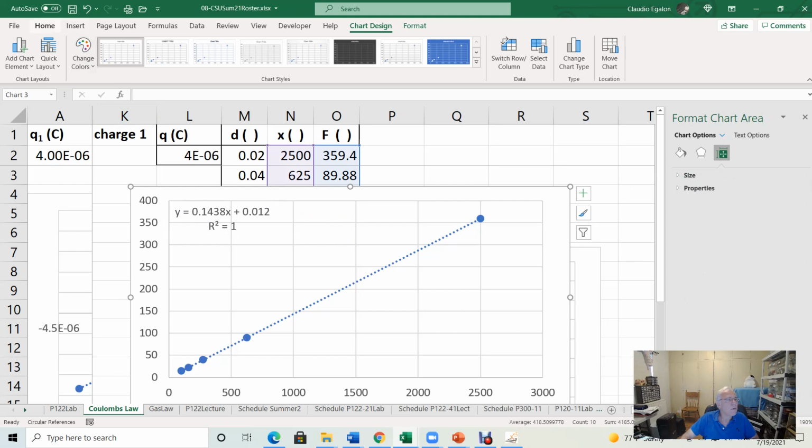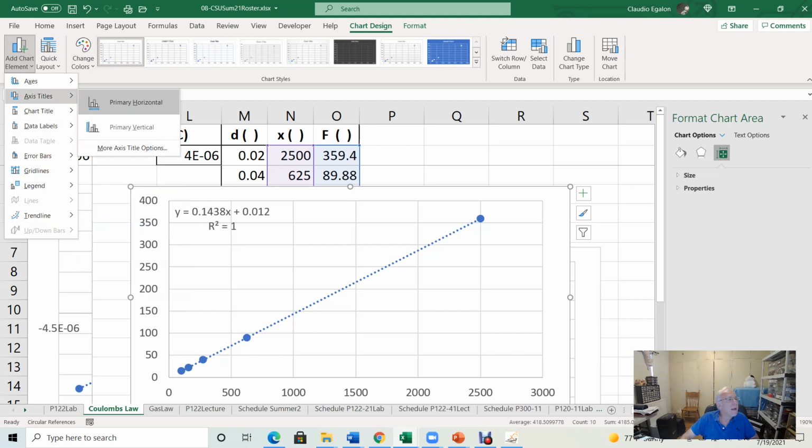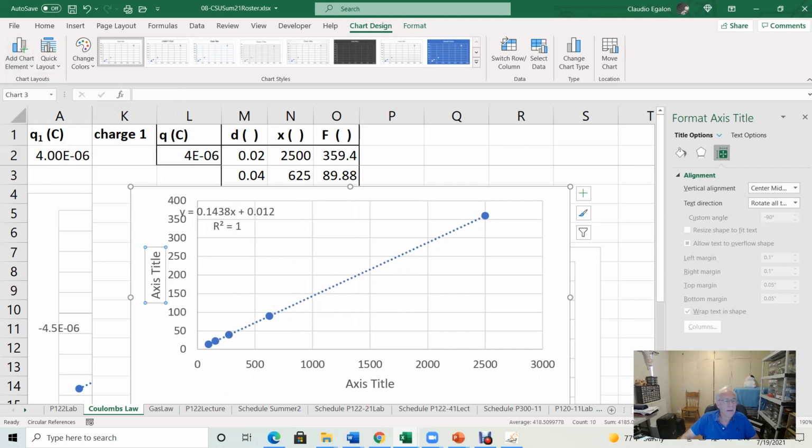You insert, add chart elements, error bars, axis title. Okay, here you go. The square, don't forget to put the units here in between parentheses.